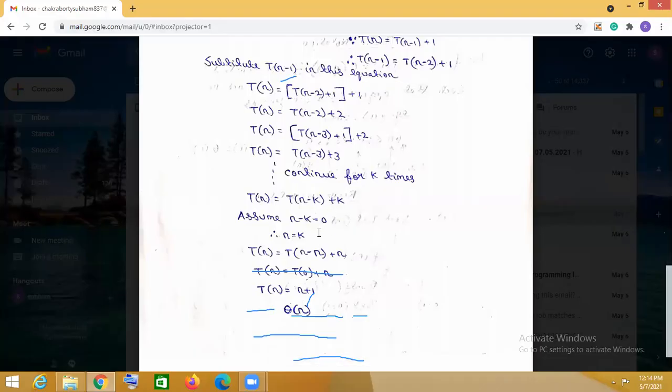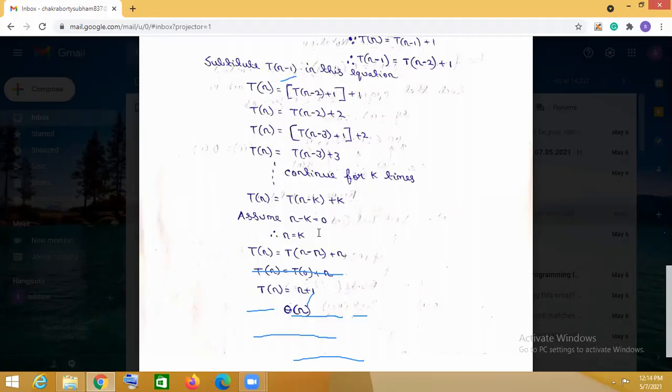The reason I have given 0 is that your main aim is to stop your recursive relation, because your recurrence relation will not continue indefinitely. At some point it will be 0, meaning it will end.